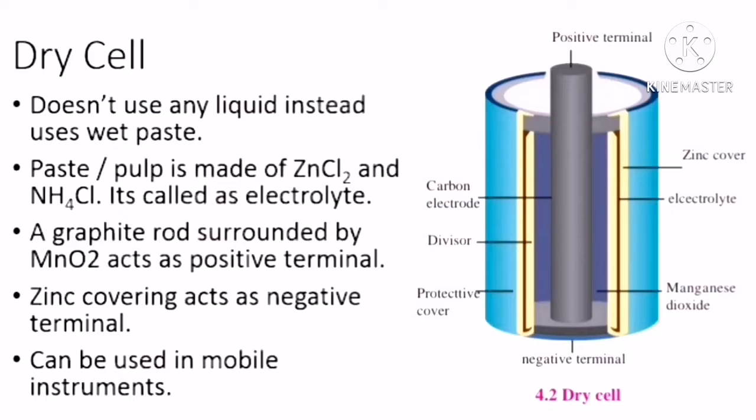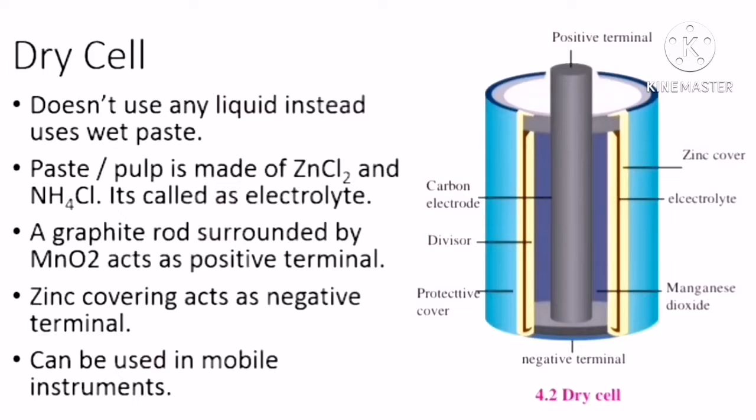Instead of that, we use a wet paste like structure, you can say a pulp like structure, and it is made up of ZnCl2, zinc chloride, and another chemical NH4Cl, called ammonium chloride. This chemical is called an electrolyte.